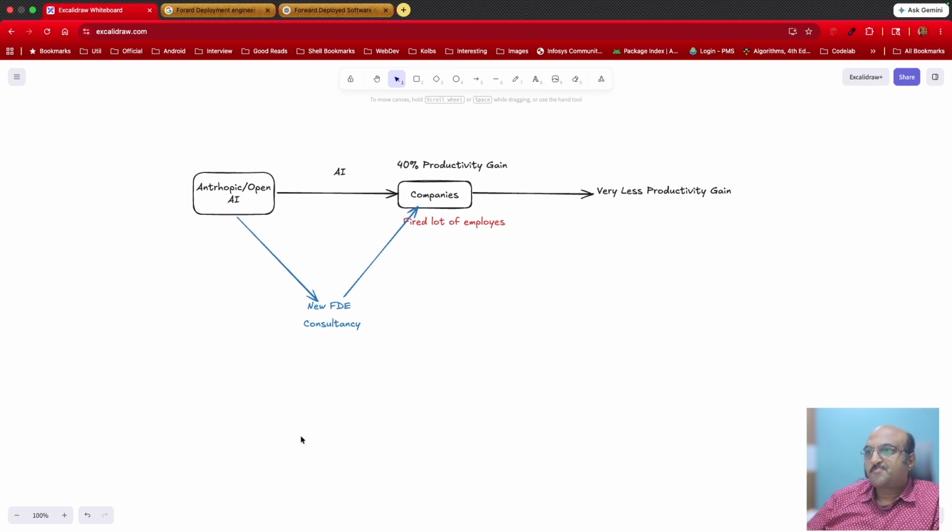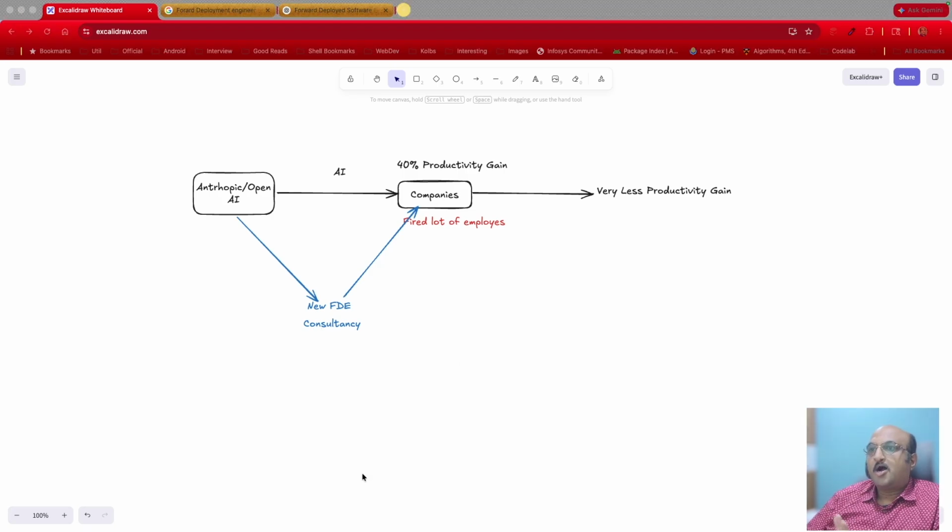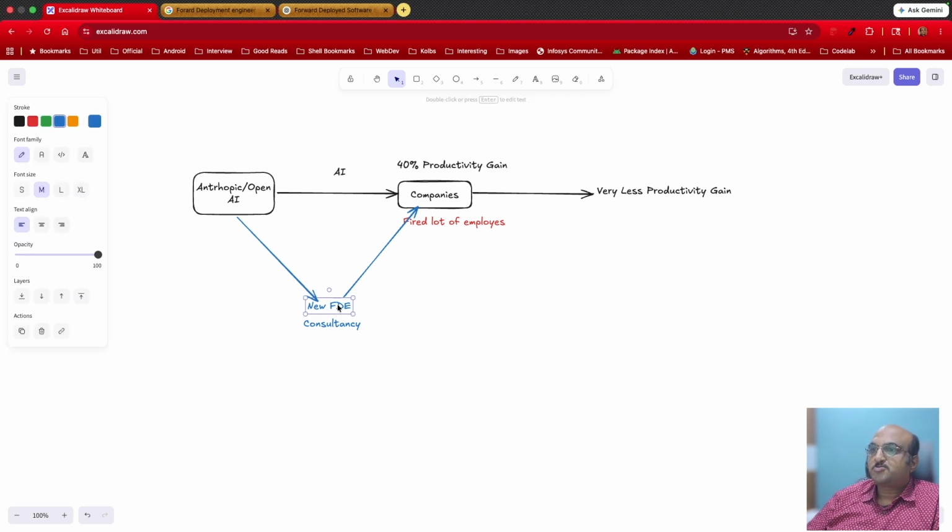Now, this looks fine. I mean, there is a real need for people who can do this, but there are already a couple of industry folks who are saying, why don't you call this FDE a software engineer? At the end of the day, it is software engineering. It doesn't matter where the software engineer is coming from. Is it intentional or not?